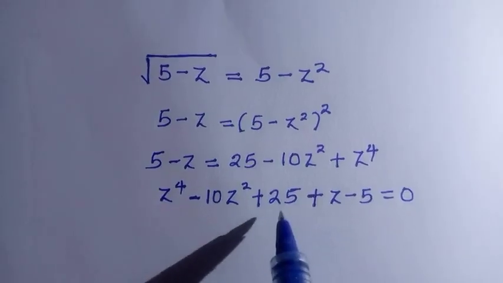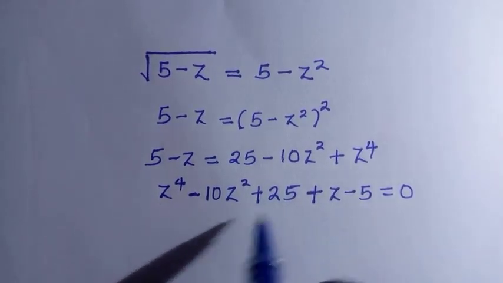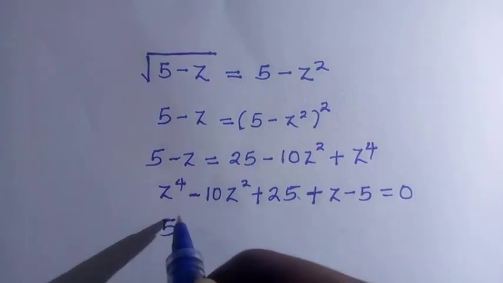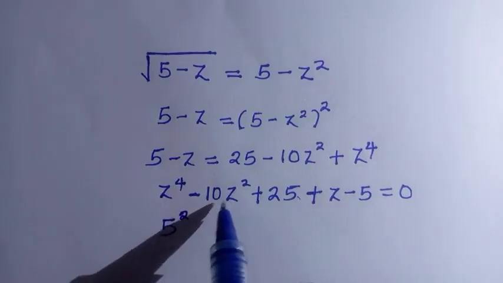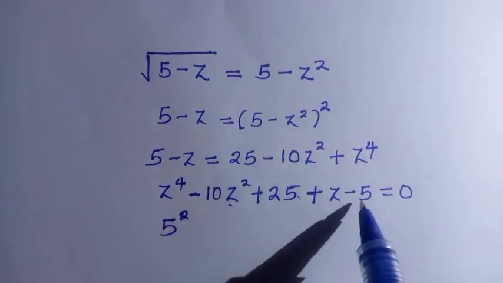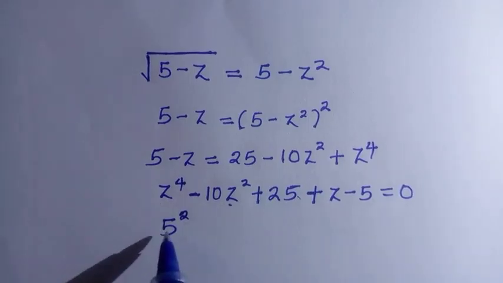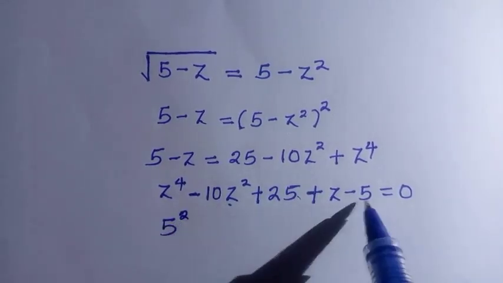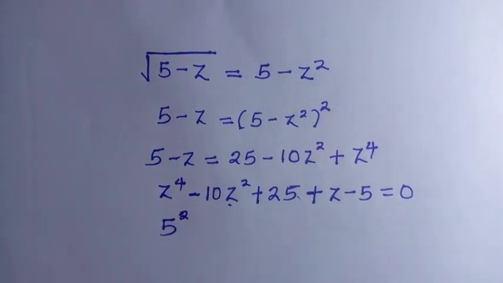Here we have 25, which you can express as a perfect square, which is 5 to the power of 2. Then here we have minus 10z square, and here is 5. We can combine this together because we need the variable to be 5. This is the only part we can combine to have that 5 and form a quadratic equation.